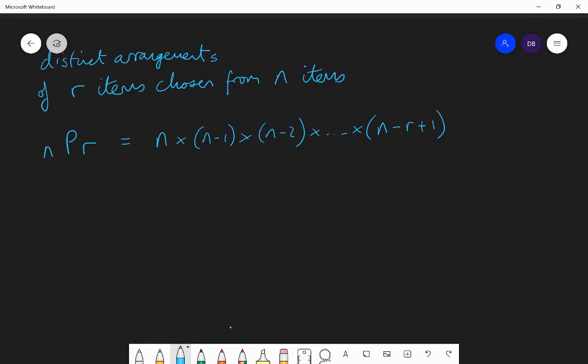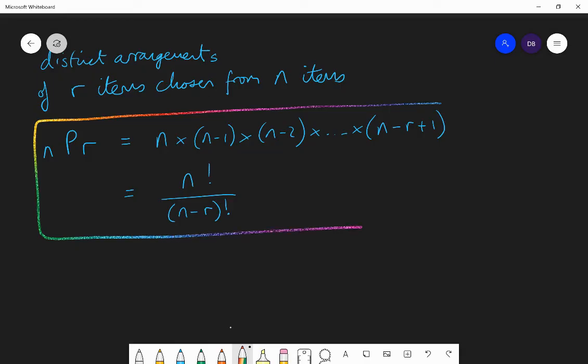Or the other way of doing this calculation is N factorial divided by N minus R factorial. So that's the formula of how to choose a squad of R from a possible N options.